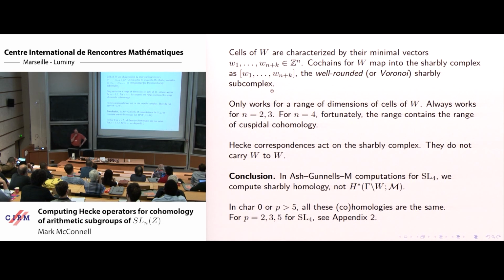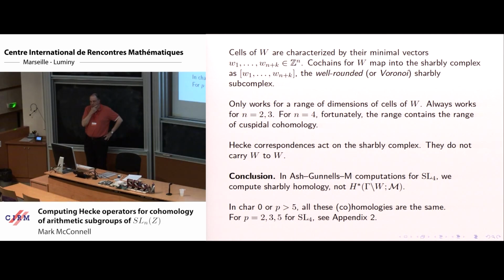Now, it doesn't entirely work. It works for n equals 2 and 3, again speaking about SL_n(Q) at the moment. The reason is that if you know the Voronoi theory, all the Voronoi cones for n equals 2 and 3 are simplicial.